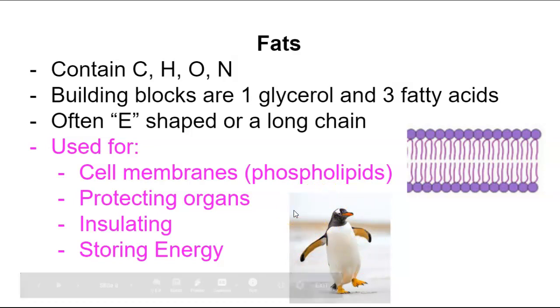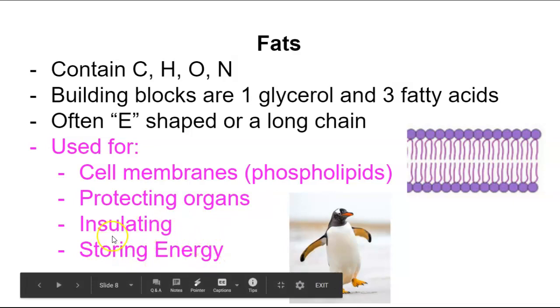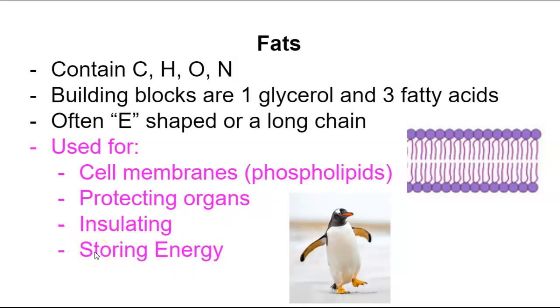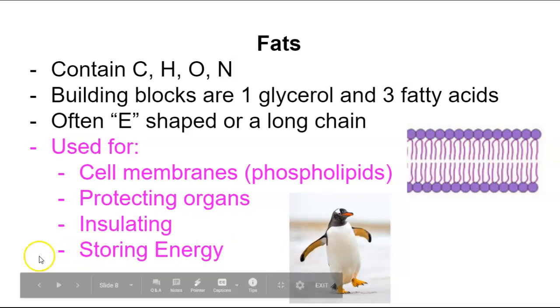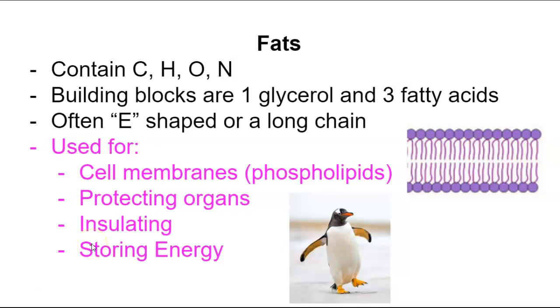The main use for fat in organisms, and especially humans, is storing energy. One of the main uses when we think about food molecules. So when we eat foods that are high in fat, that fat is stored. And that's why if you eat a lot of calories or a lot of extra food, you put on weight. It's storing energy, okay?